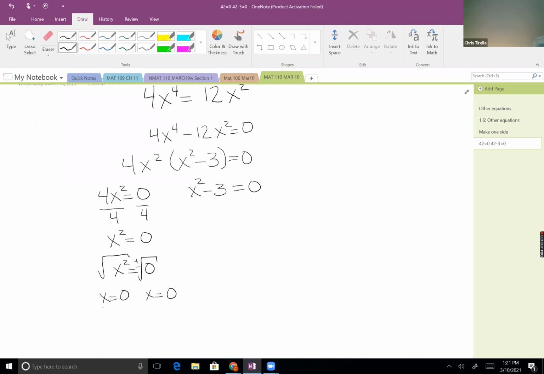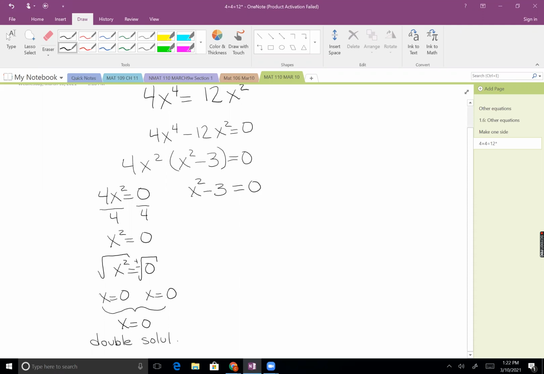So over here, it's all right if you just write this as x equals 0, but realize it's a double root. We got the answer of 0 twice. Not that it matters, but why was the plus or minus put in front of the square root of 0? Will you hold on to that question for just a second? And we'll see why when we deal with the other side.